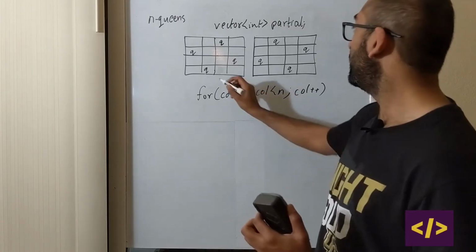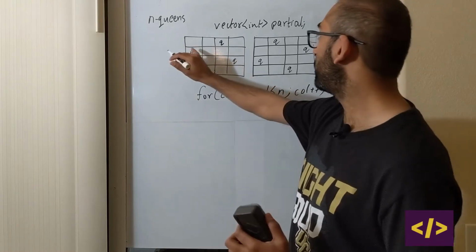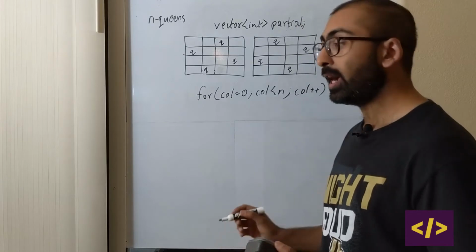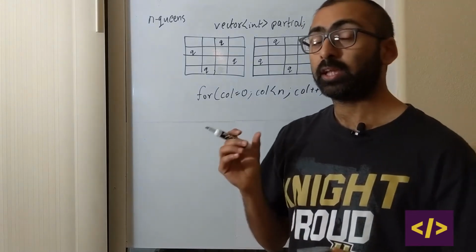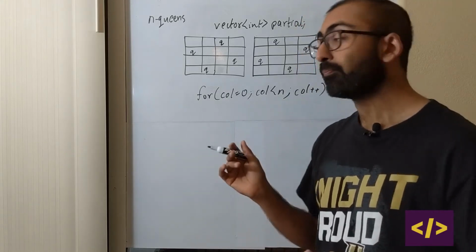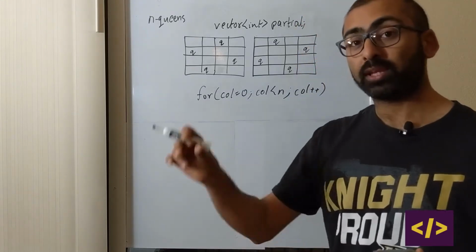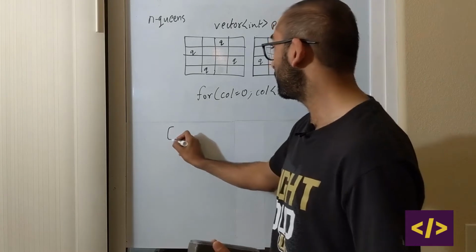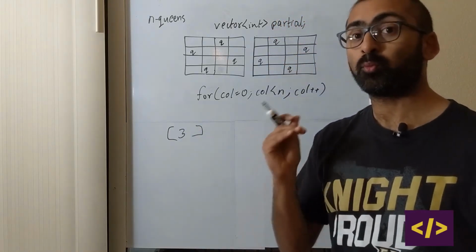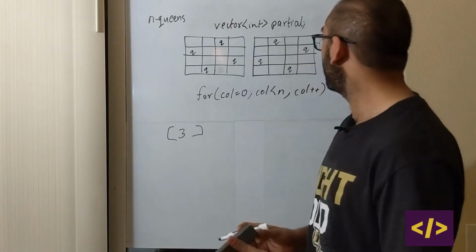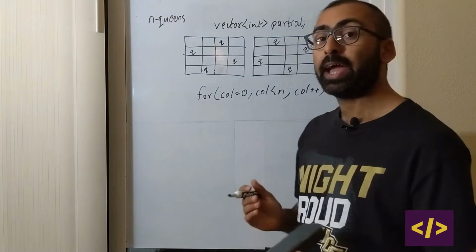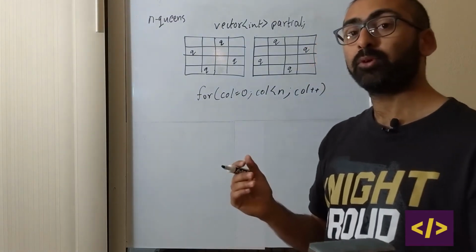So for example, if I'm at row number 0, and if I was at column number 3, then I put the value 3 in there, and at that point my vector would just have 3 because I've only gone through one of the rows, row 0. So every time I go through this, I have to push back a value into the vector.